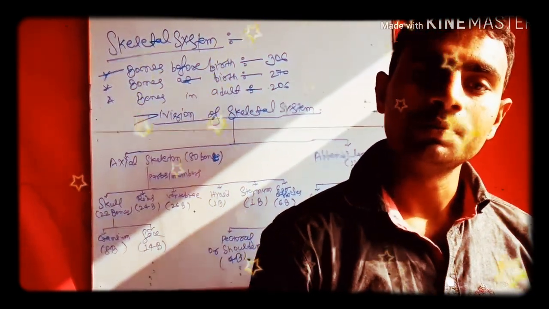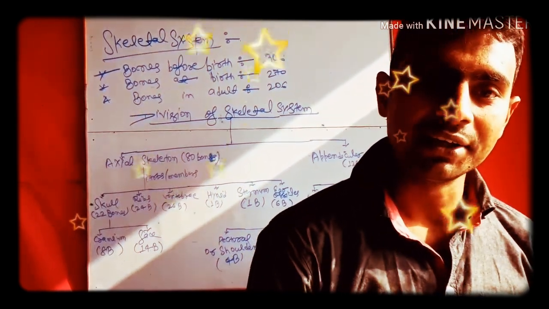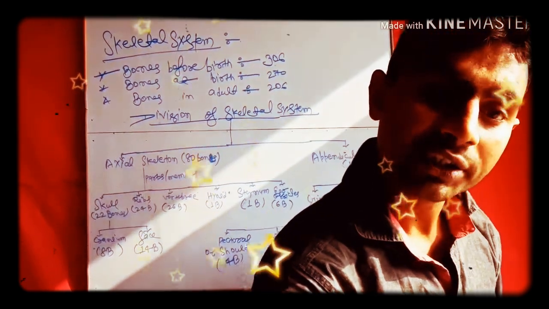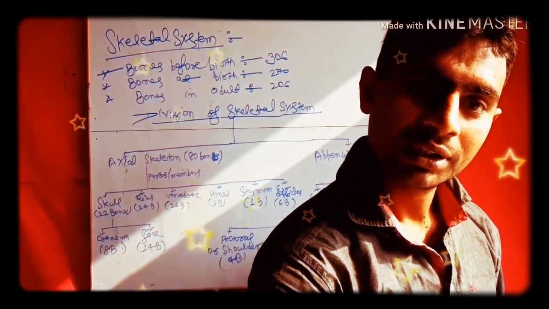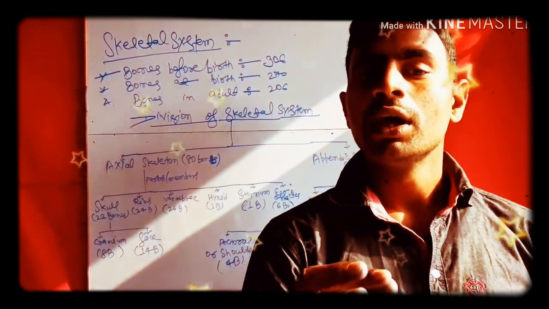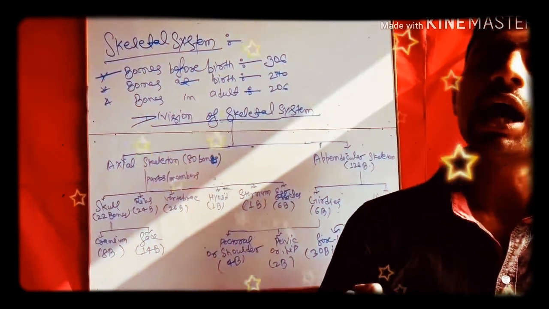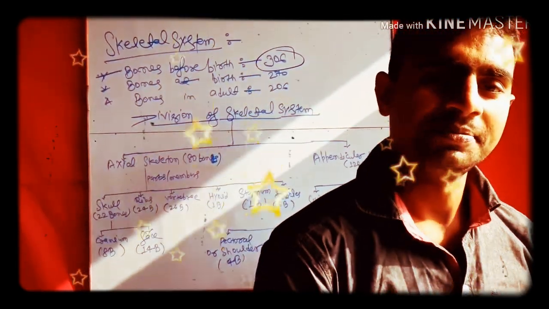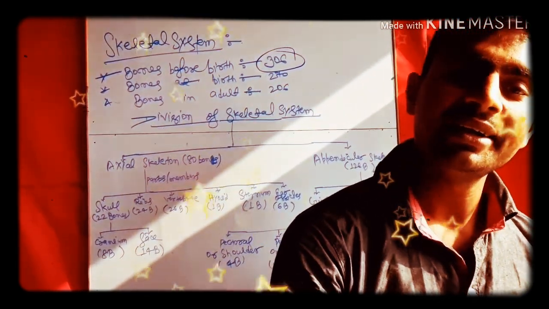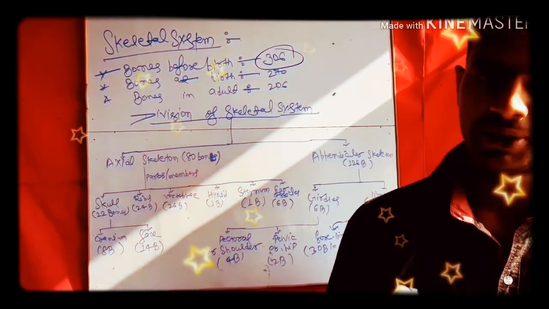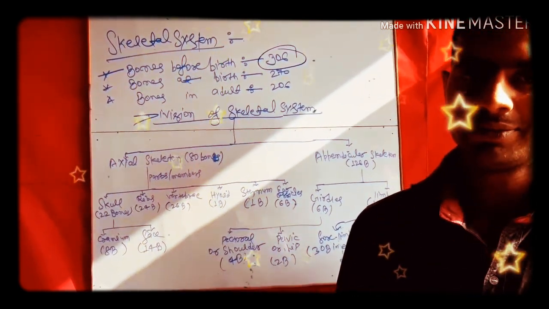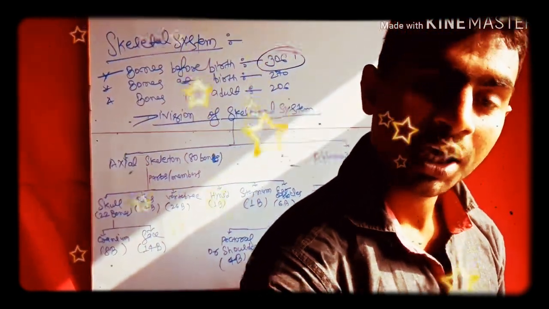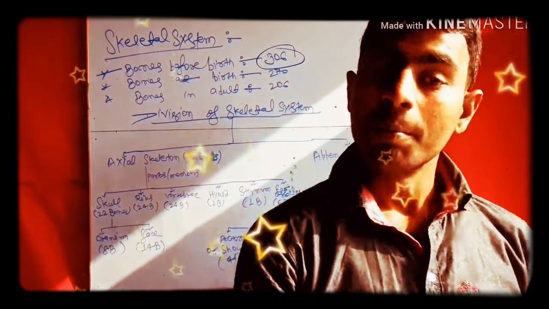In the language of life science, we can say when we are present in the uterus, the number of bones in our body is 306 bones. But that is the matter of the time when we are present in the uterus, that is, in the stomach.